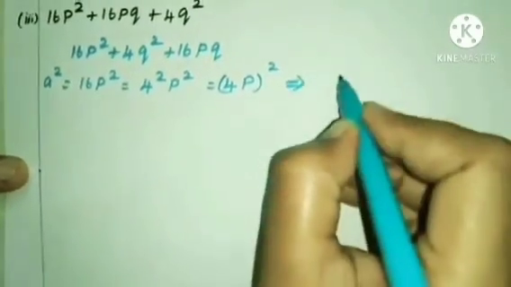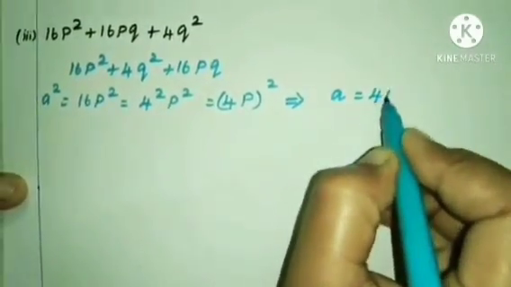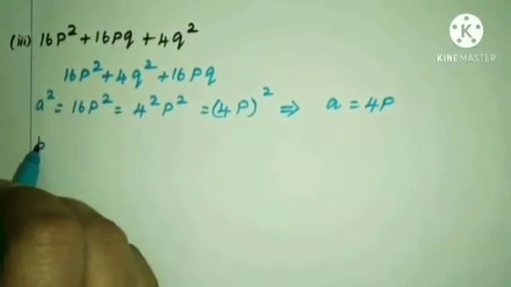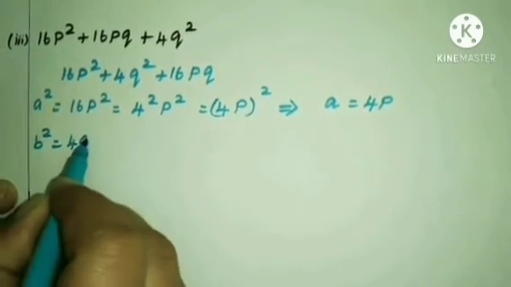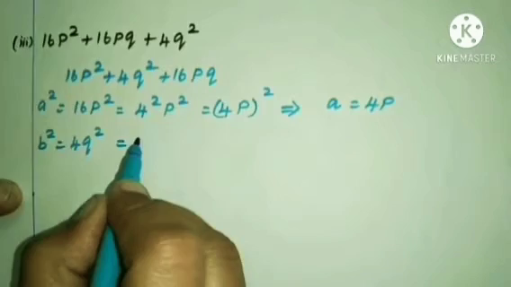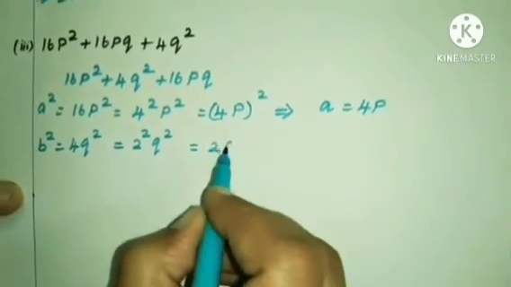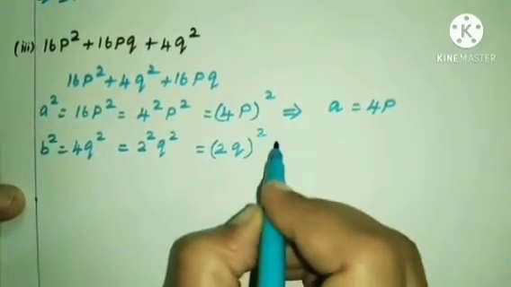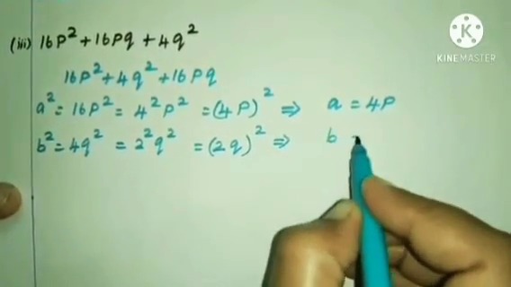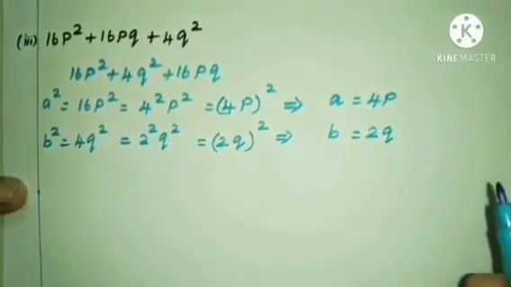This implies a is 4p. Then b² is 4q². 4 is 2²q², which is (2q)², which implies b is 2q.